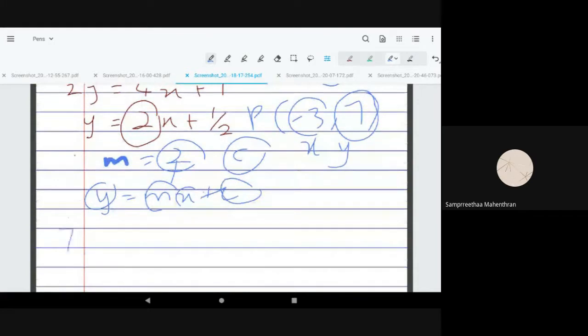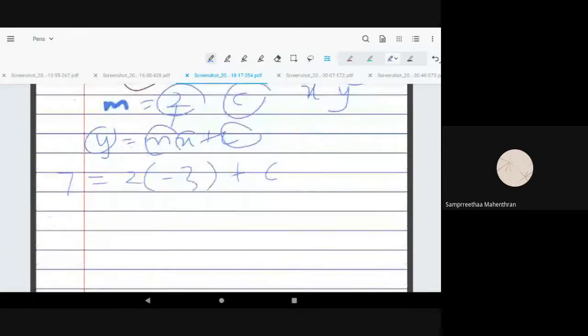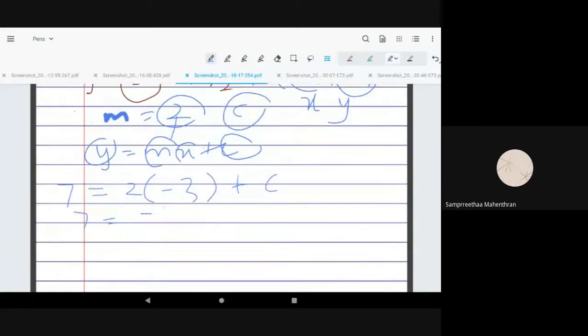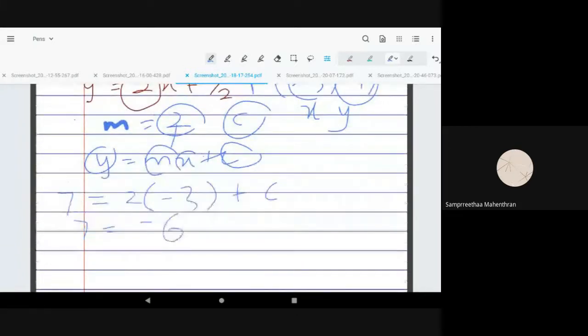So 7 equals m is 2, x is negative 3, and c we need to find. So 7 equals negative 6 plus c. C is equal to 7 plus 6, which is 13. So we already have the value of c.